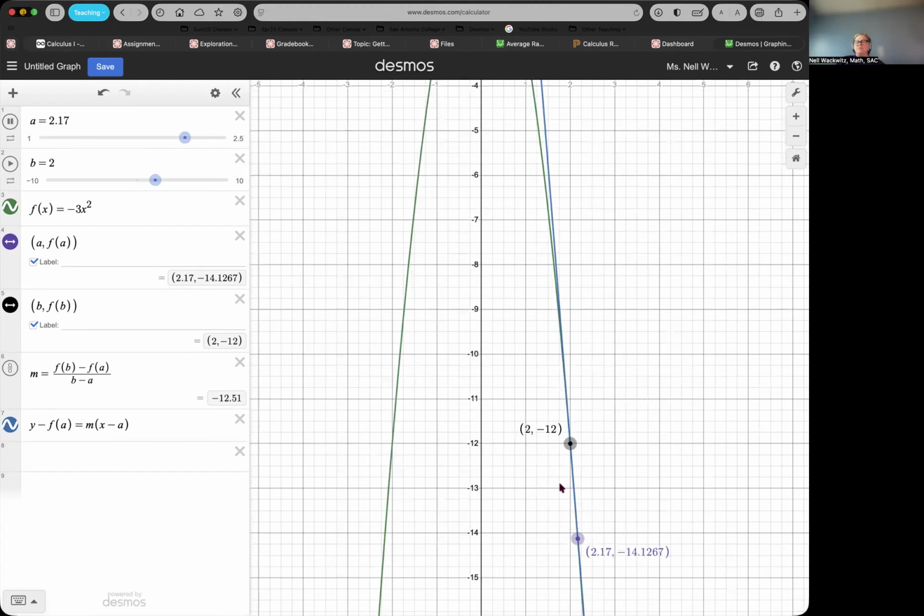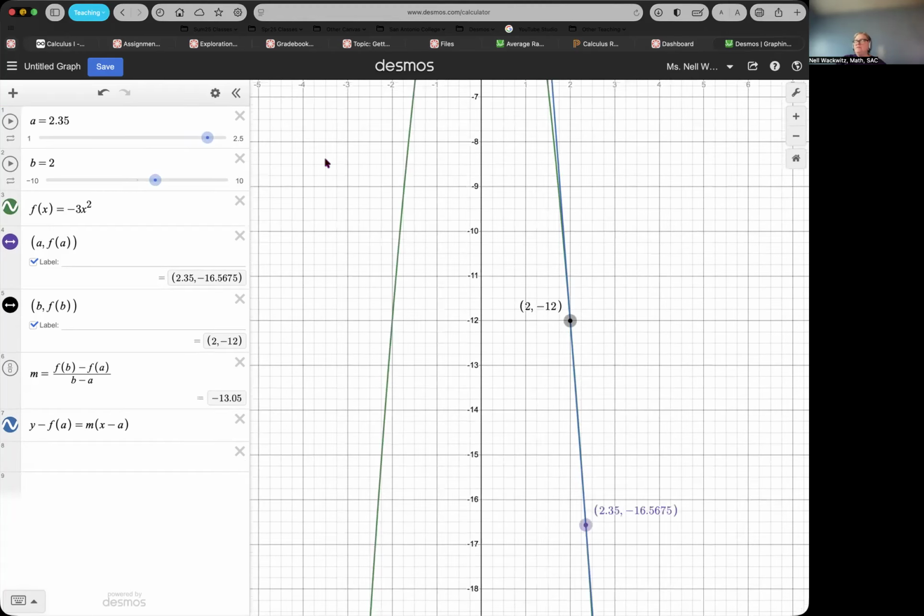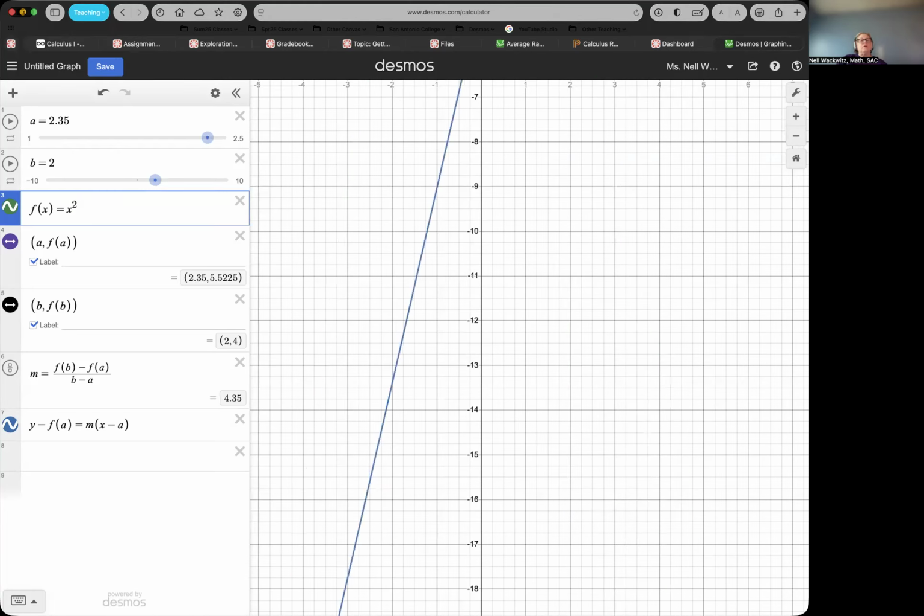And yes, you can see that we are just about tripling. We had 4.3, and now we've got -16.56. So pretty cool. That's what happens when we multiply the x squared term of a quadratic by a number larger than 1.